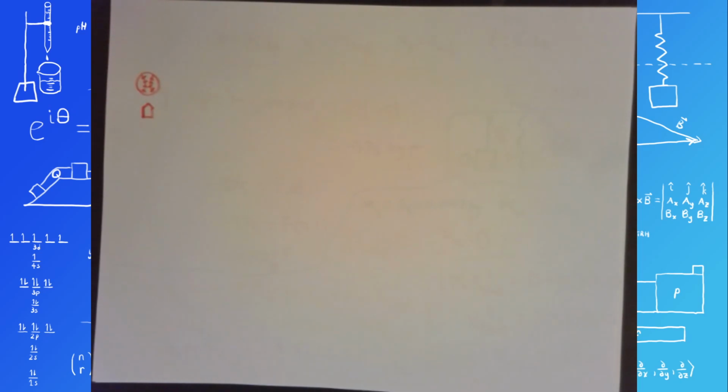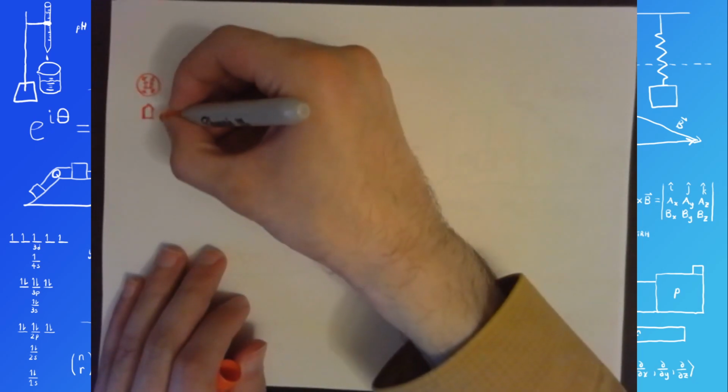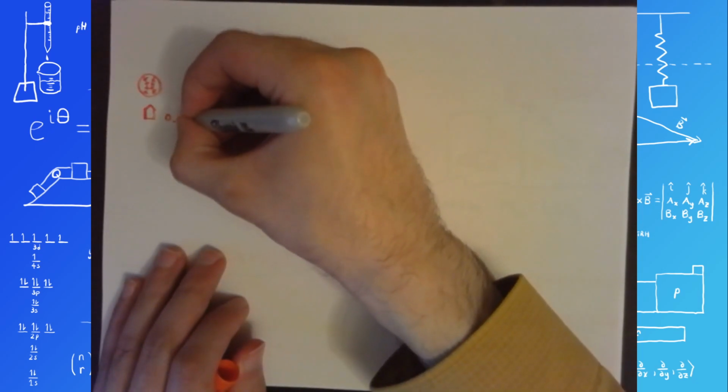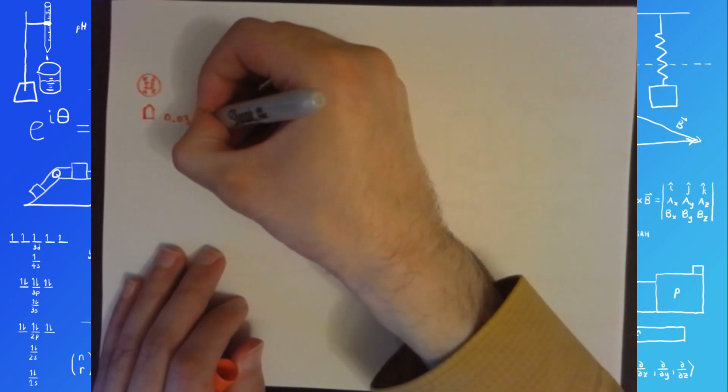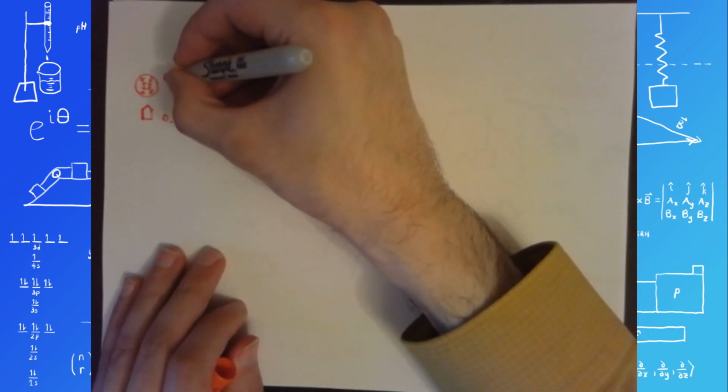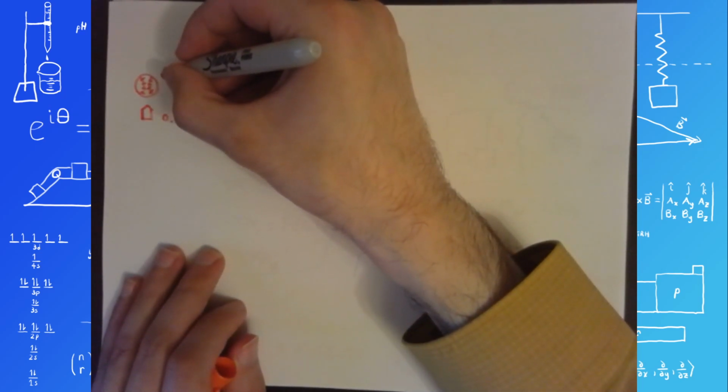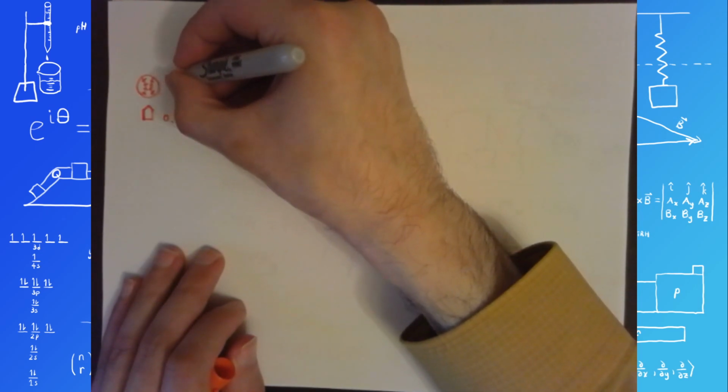Where did the problem go? A 0.03 kilogram bullet is fired vertically at 200 meters per second into a 0.15 kilogram baseball. So 0.03 kilograms versus 0.15 kilograms.